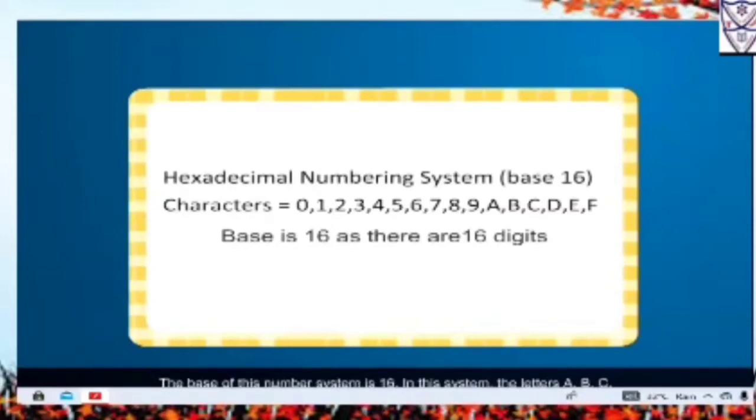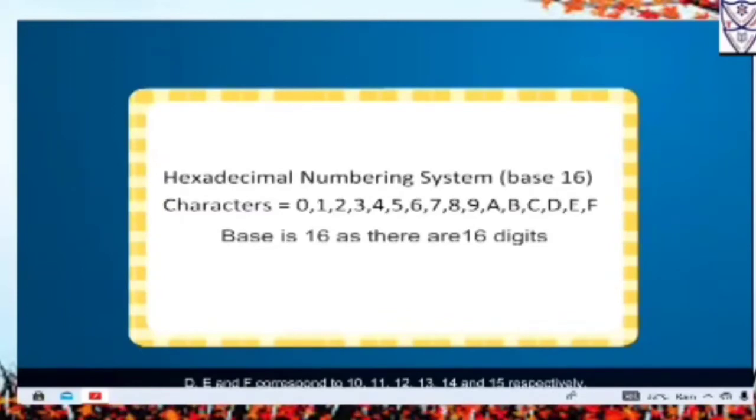The base of this number system is 16. In this system, the letters A, B, C, D, E and F correspond to 10, 11, 12, 13, 14 and 15 respectively.